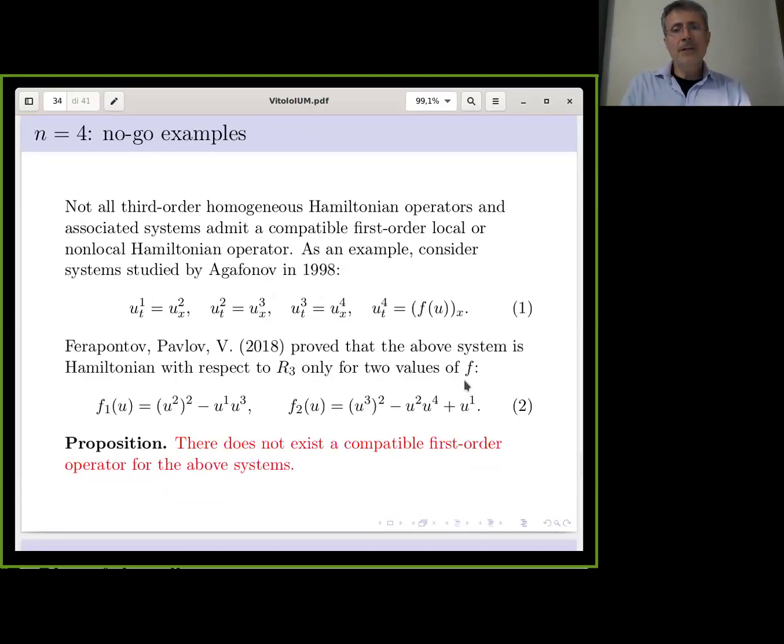So n equals 4, this is interesting because for the moment, until n equals 3, we found all integrable systems. In n equals 4, what happens is that we have a kind of big classification of third-order operators, but even when we consider simple generalizations of systems that we have seen in 3 components, such systems do not admit any compatible first-order operator.